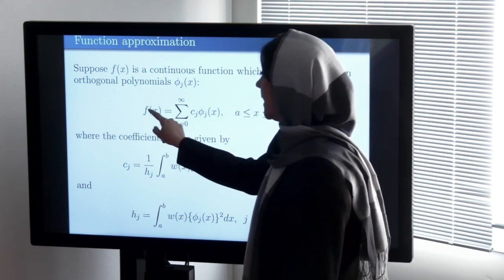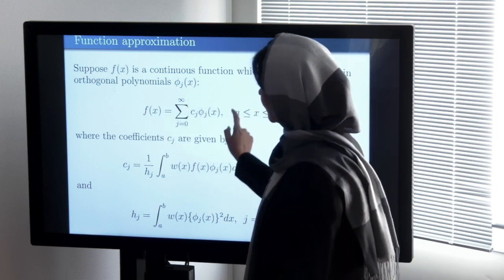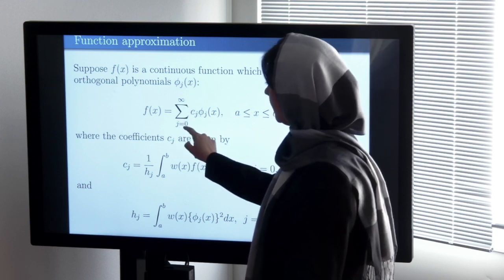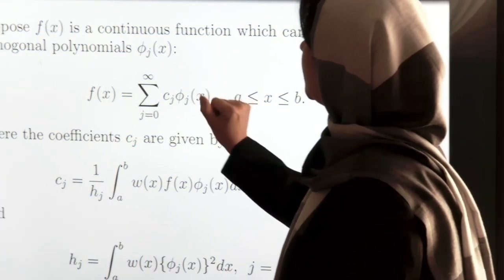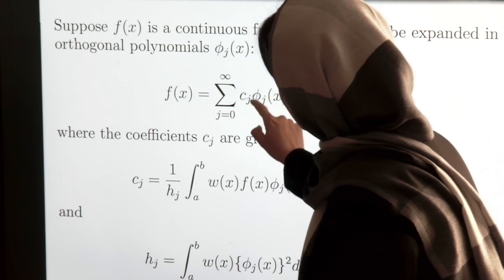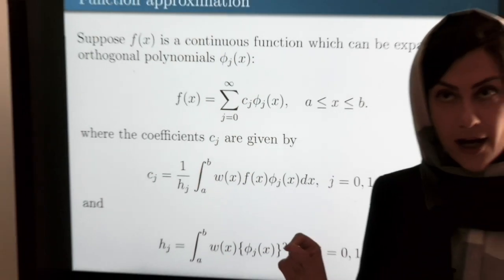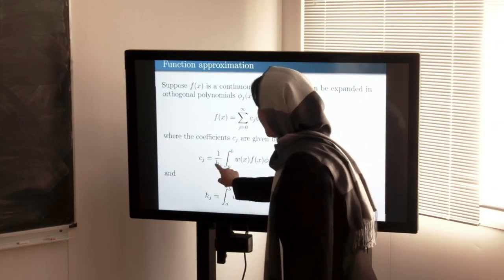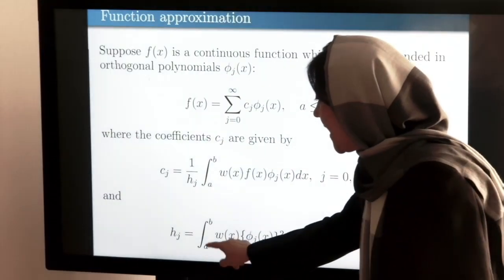So we can approximate f of x by this summation, series from j equals 0 to infinity, c j phi j of x. The coefficient c j can be obtained by the inner product, and it is 1 divided by h j. Here h j is integral a to b.